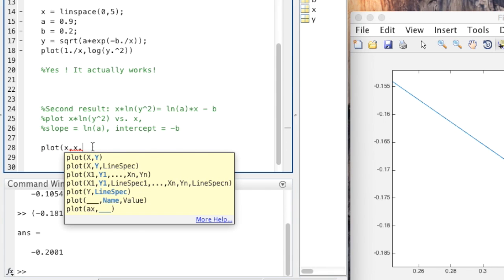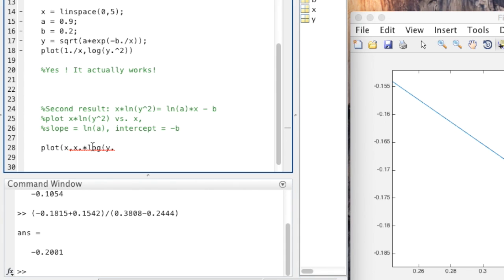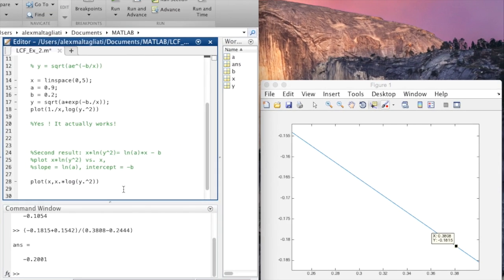It'll be x dot multiplied by log of y squared. And remember, if you're multiplying a vector, you have to add the dot, and if you're squaring it, you also have to add the dot. And natural log is log in the MATLAB terminology.